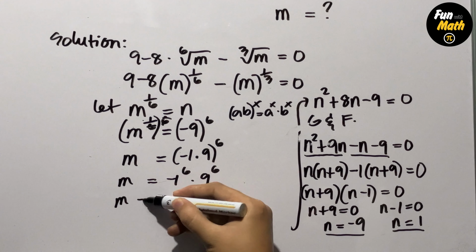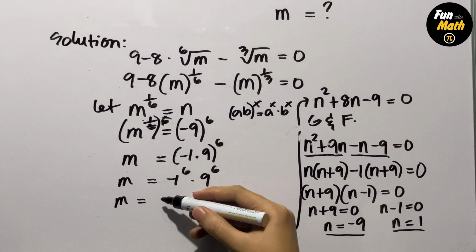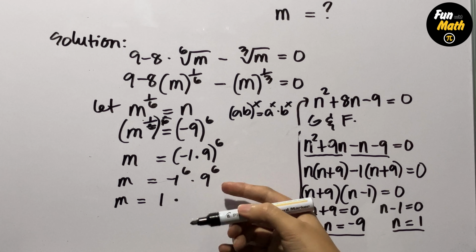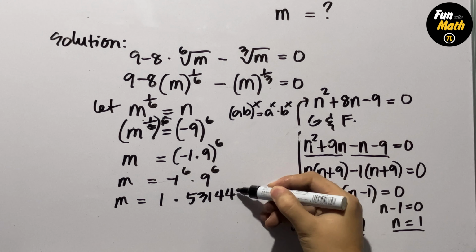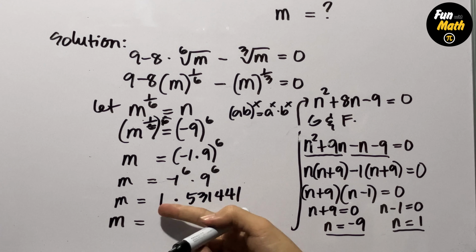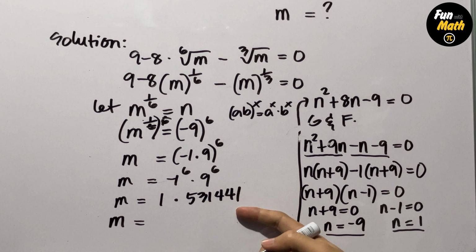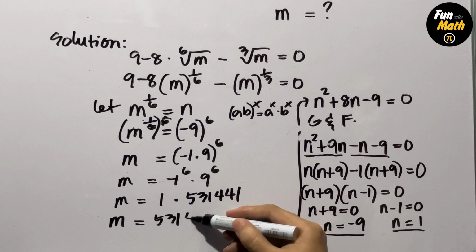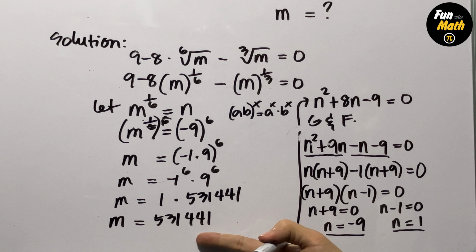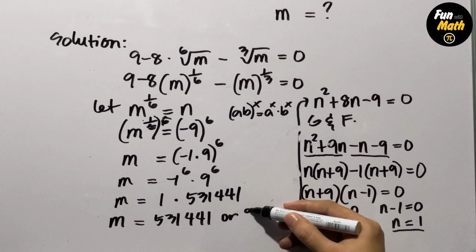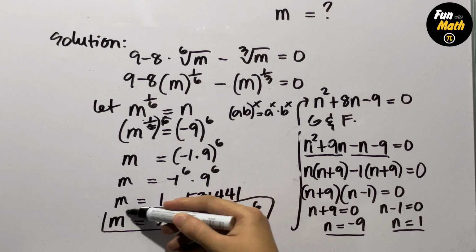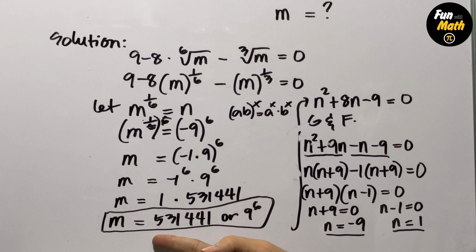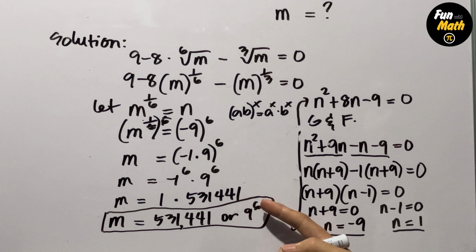And negative 1 to the power of 6 is equal to positive 1, times 9 to the power of 6, that is 531,441. So m is equal to 1 times 531,441, that is 531,441. Now, since it's big, we can write it as 9 to the power of 6. So this is our answer. The first value of m is equal to 531,441, that is 9 to the power of 6.